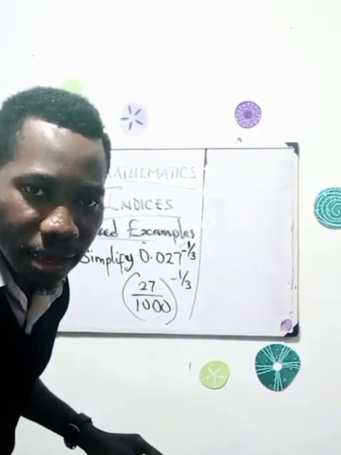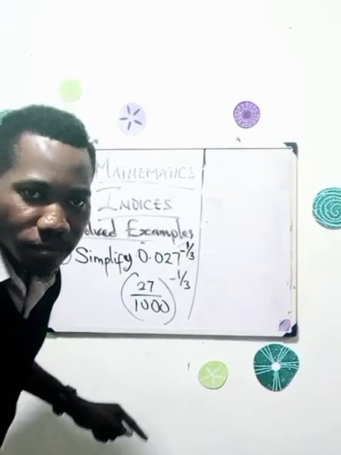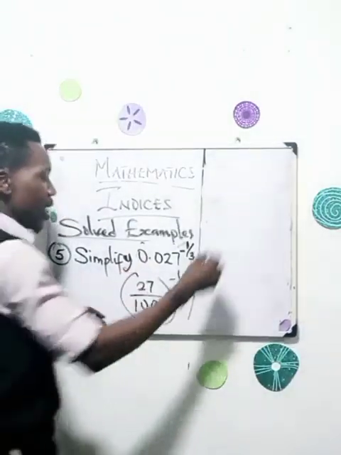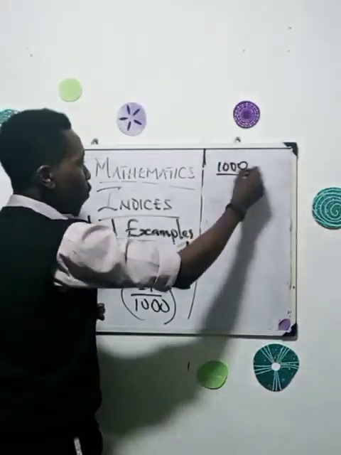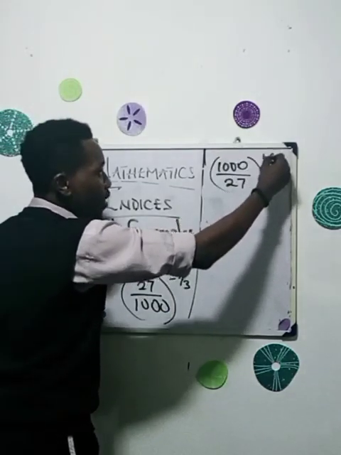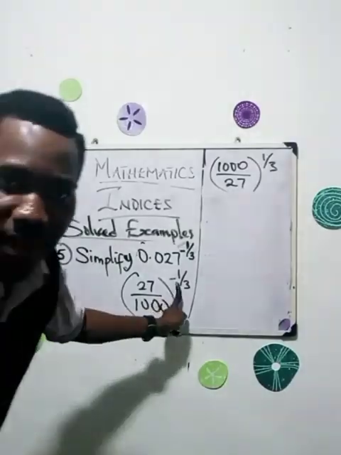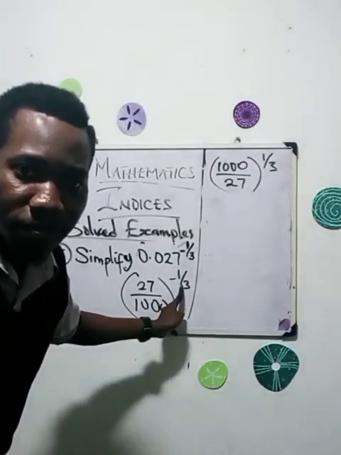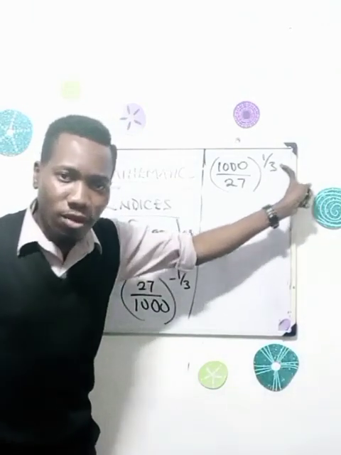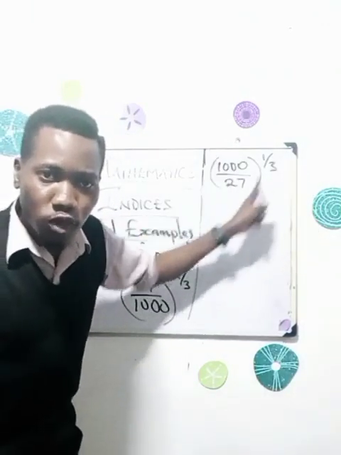Okay, good. So now this negative will cause this to be reciprocated, and then it becomes 1000 over 27, all raised to the power of 1 over 3. So we've dealt with the negative power. What's the next thing? Let's deal with this now. The next rule says this denominator will cause this to be cube root.